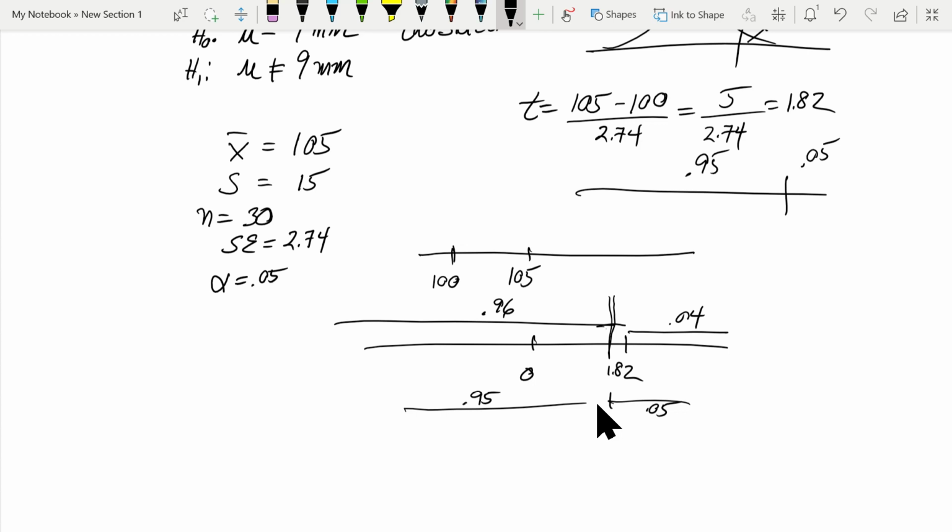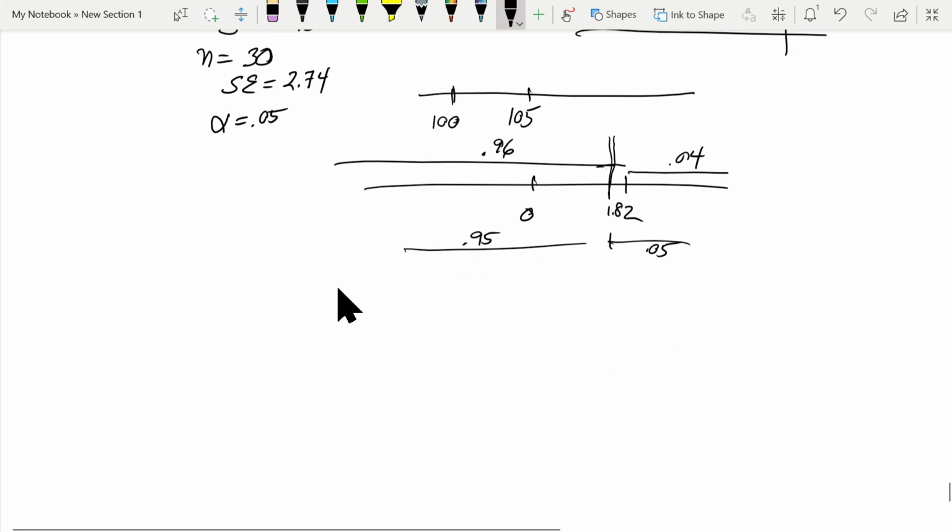Look at it from the other direction. At the 0.05 level, alpha equals 0.05. This is my chance of a mistake, and the alternative always points to the rejection region, so it's pointing up.